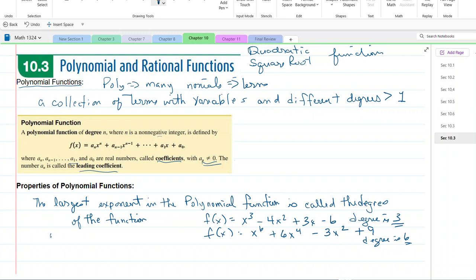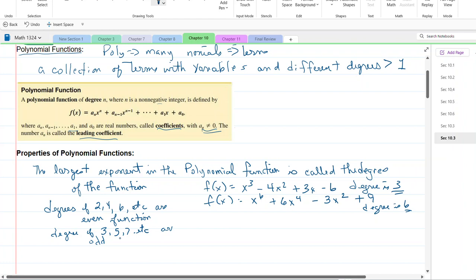All right. Now, that brings about the identity of odd and even. So a degree, degrees 2, 4, 6, etc. are even functions. And degrees of 3, 5, 7, etc. are odd functions in the polynomial family.